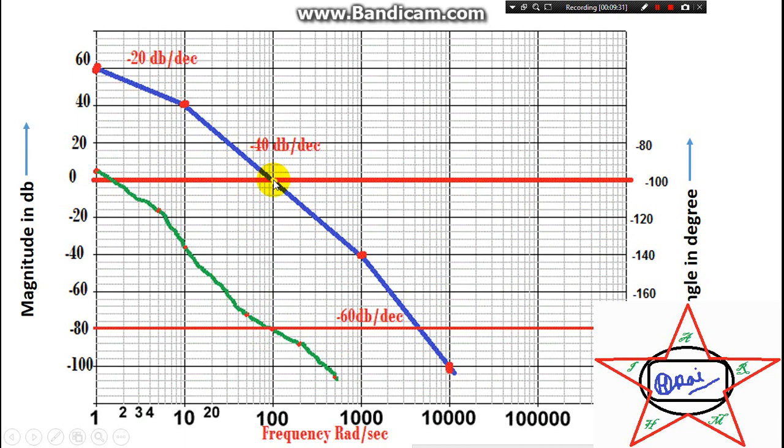In this case the gain crossover frequency and phase crossover frequency align together. That's why in both cases the gain margin and phase margin are 0, because the gain crossover frequency and phase crossover frequency overlap each other.